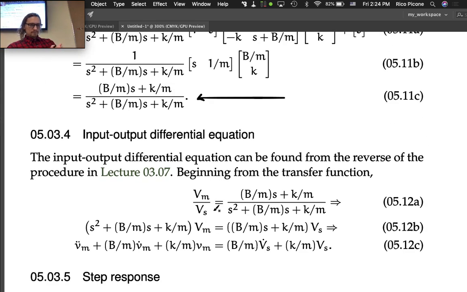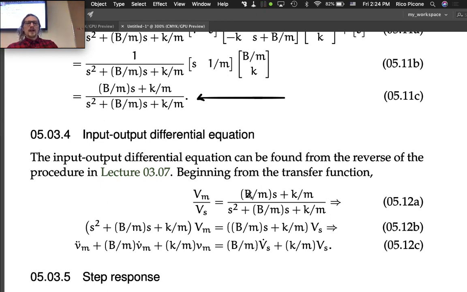So now we're ready. We laid the bridge down, so now we can just walk across it to get our differential equation. The input-output differential equation can be found from the reverse of the procedure of lecture 3.7, of going from a differential equation to a transfer function. It's easy enough to go to a transfer function from a differential equation. It's just by inspection.